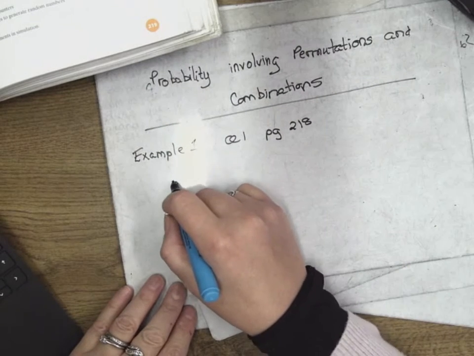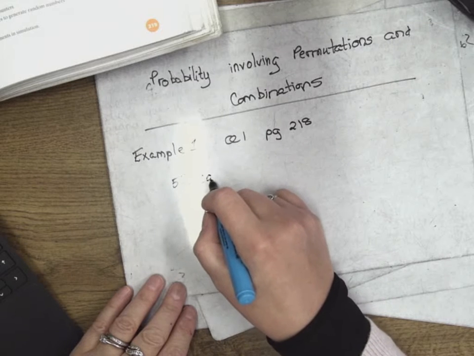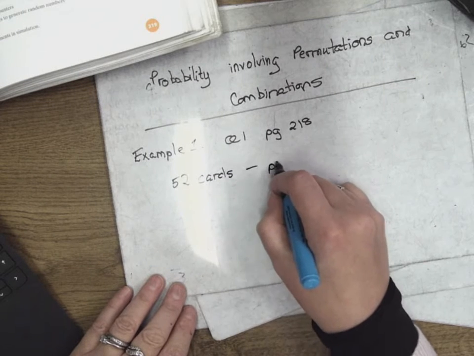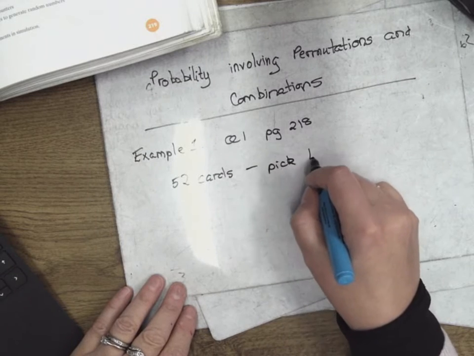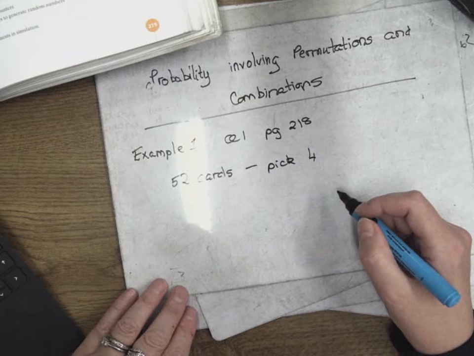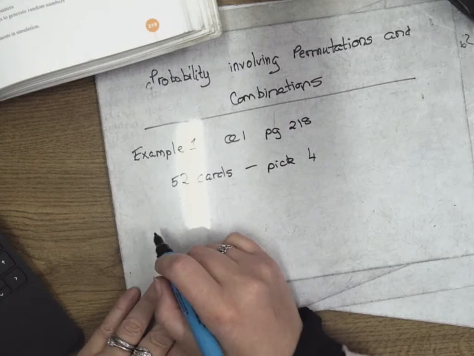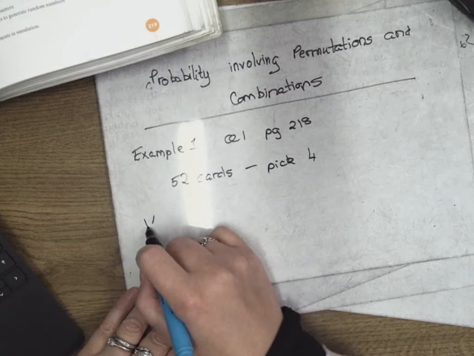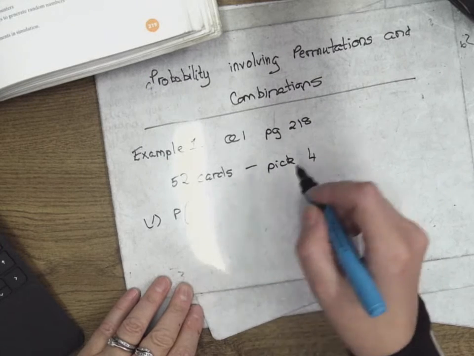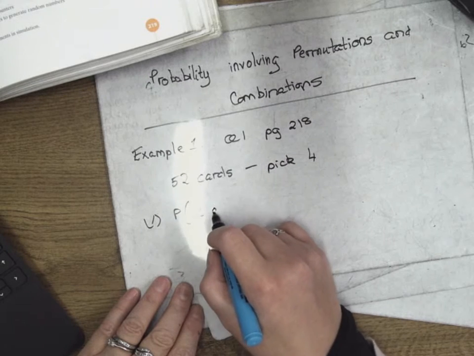So you have 52 cards and you pick 4. Find the probability that the hand contains exactly 2 queens. So for part 1, you want the probability that when you deal 4 cards, it will be exactly 2 queens.